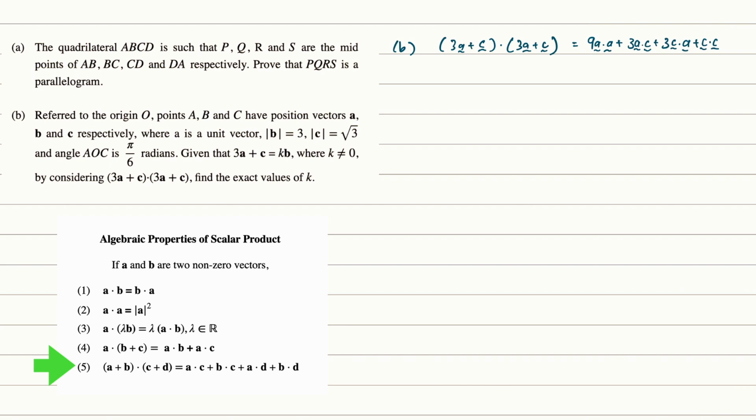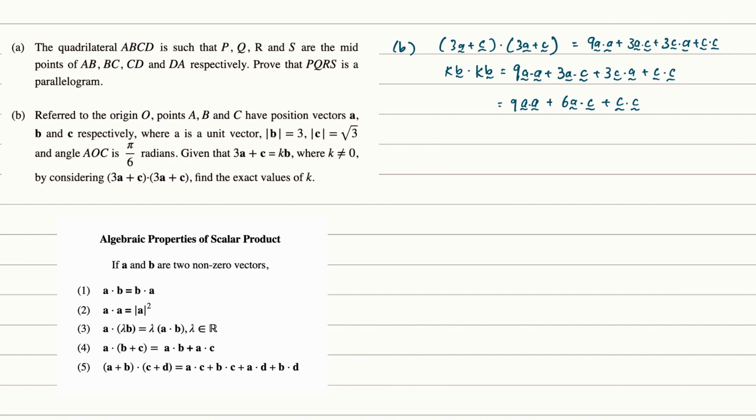Now since 3a plus c is equal to kb, what this means is that kb dot kb is also equal to 9a dot a plus 3a dot c plus 3c dot a plus c dot c. Now simplifying, we will have 9a dot a plus 6a dot c plus c dot c.